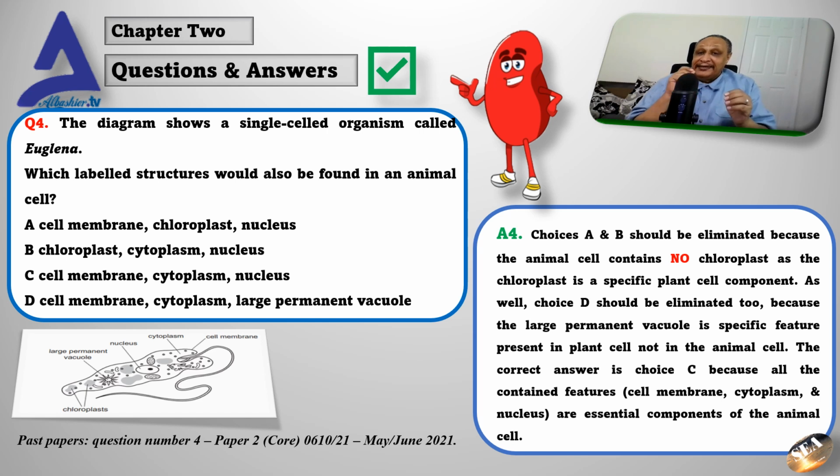The correct answer is choice C. Why? Because all the contained features, cell membrane, cytoplasm, and nucleus, are essential components of the animal cell. And that is very important.